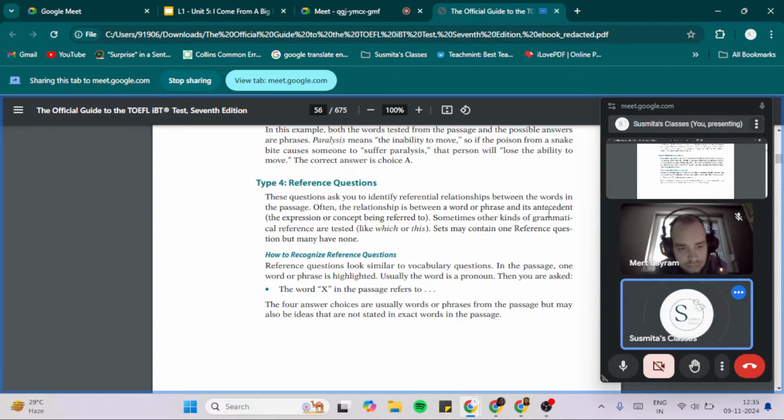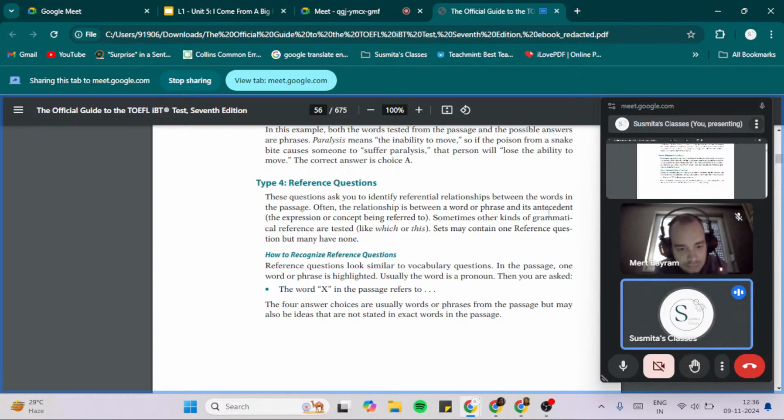Now, when we use words like he, she, it to replace these nouns, these become your pronouns. In reference questions, they might ask about the meaning of the pronoun that is being used there.